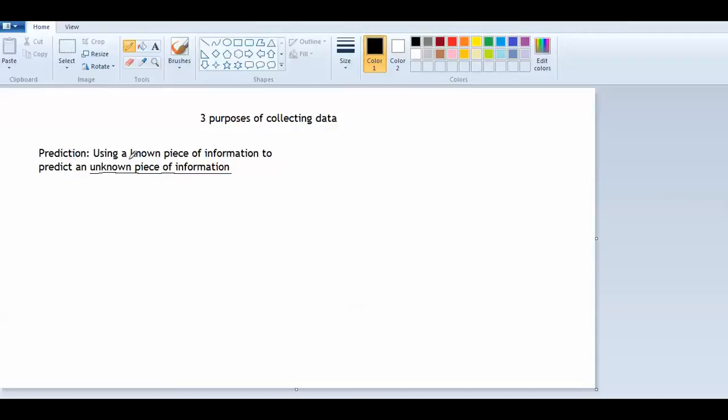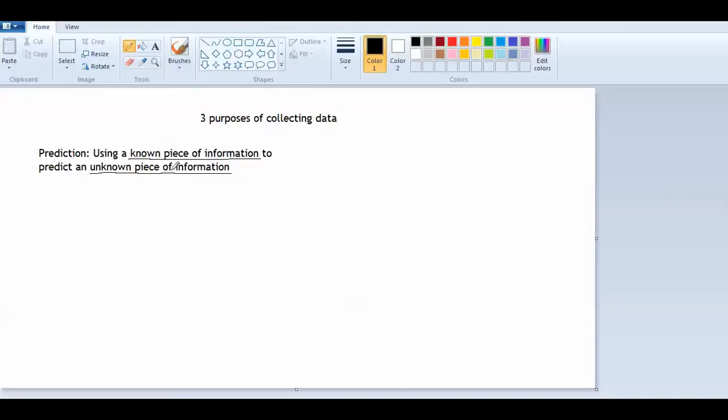So this year's sales would be a known piece of information, assuming the person kept track of it and recorded it, and the person could use this known piece of information to make a prediction about what next year's sales will be, which is the unknown piece of information.